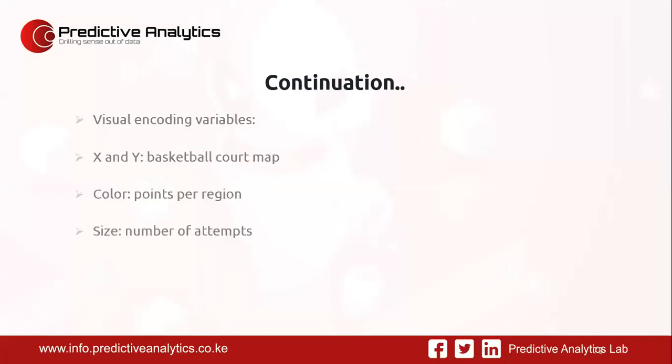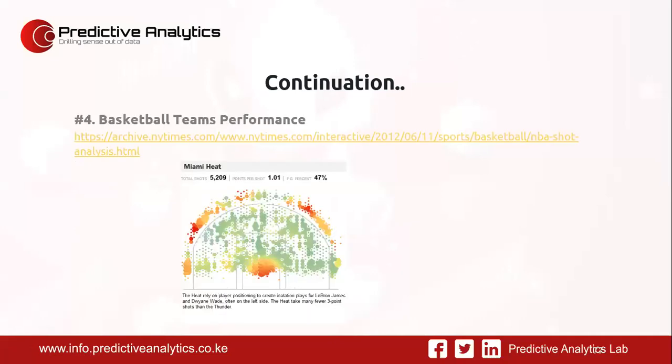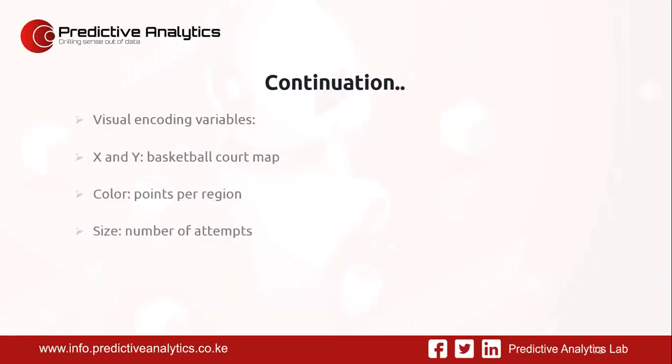Then we have size as the number of attempts. The red and green visuals represent size as the number of attempts. When you get time, have a thorough look at that visual, and you'll see that it's very insightful. So that was example number 4.